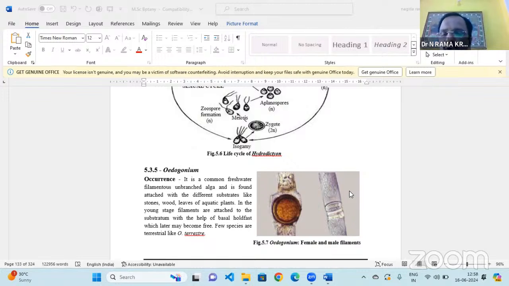Before going to that, the growth is affected by the apical cell, which is divided by transverse or longitudinal walls into segments which increase the length of the thallus. This is most important. So you see, when we are looking at the thallus, here one apical cell is there. This apical cell is going to divide.